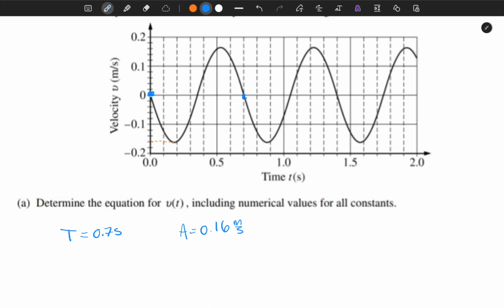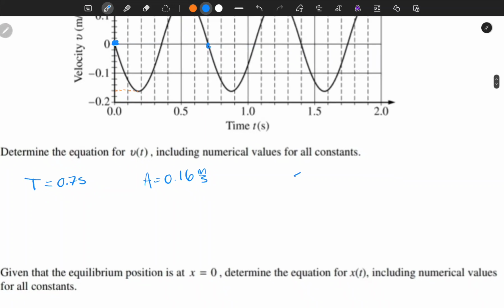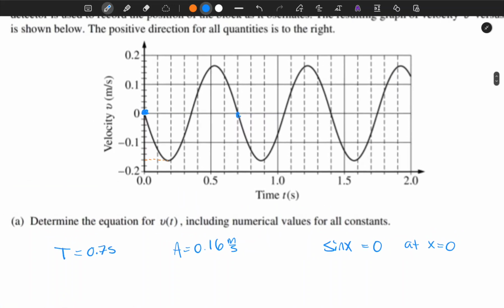Then, we note that the sine of x is equal to 0 at x equal to 0. So, as that also holds for this plot, we see that this is a sine function.